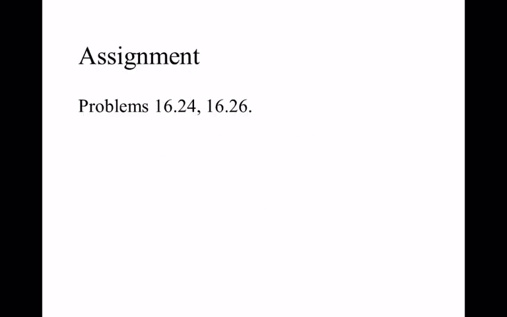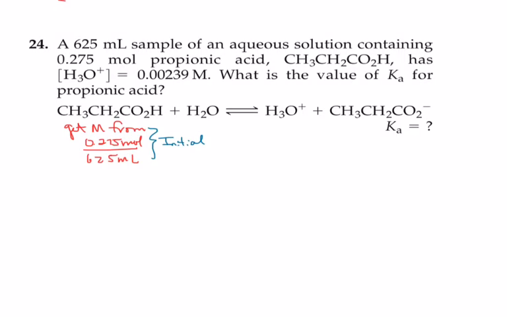Yay. So these will also be due on Wednesday. And these look like this. Now, the problem with these problems is it goes back to kind of Chem 1 a little bit.